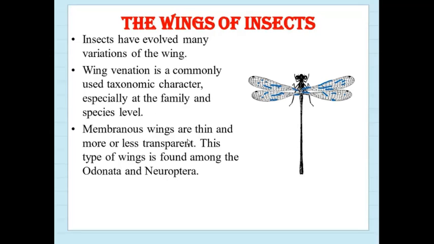Membranous wings are thin and more or less transparent. This type of wing is found among the Odonata and Euptera.